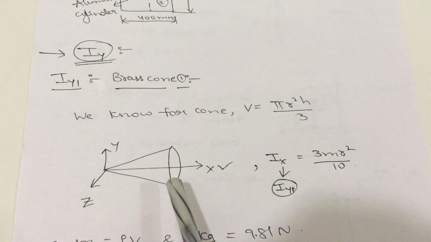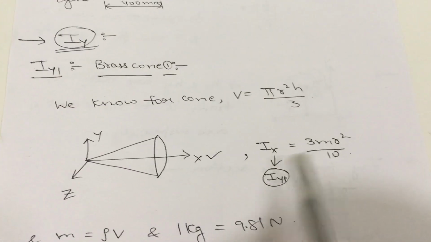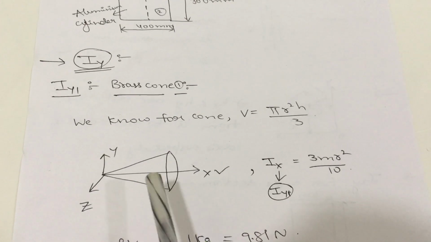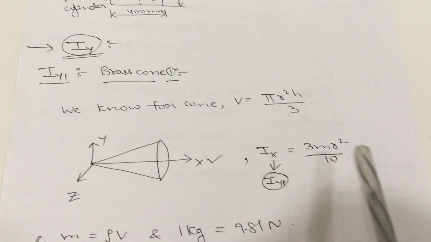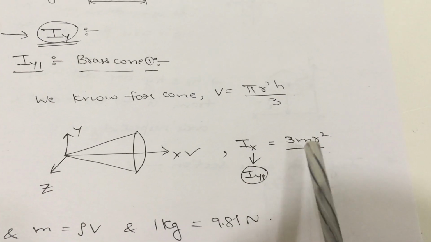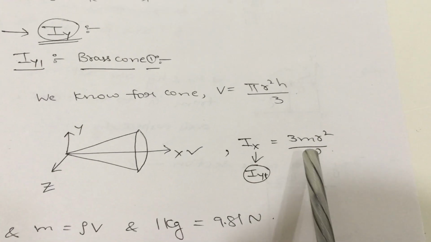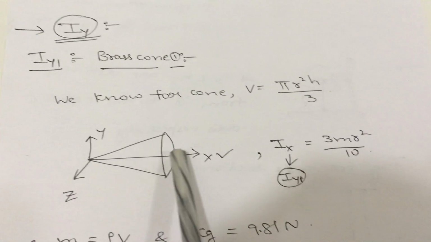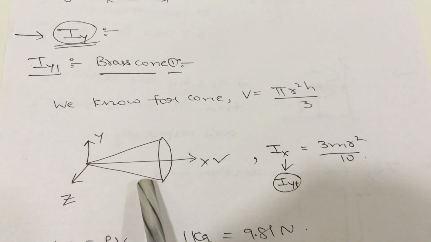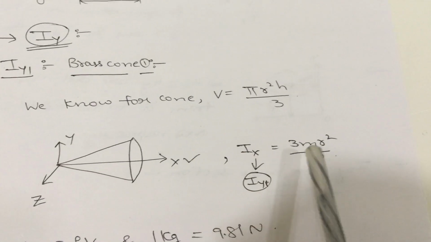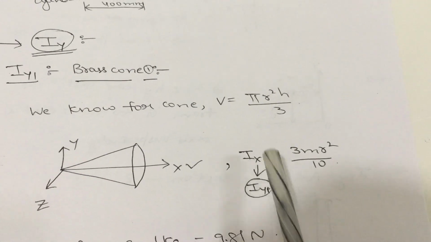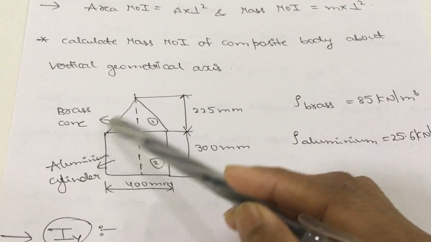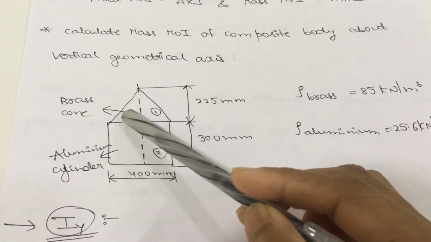Here this is the default shape diagram for the cone, and for this default shape the formula for Ix is 3m r square by 10. Ix is along this x-axis for the default cone diagram. Now observe our main problem: this is the cone in the vertical direction.